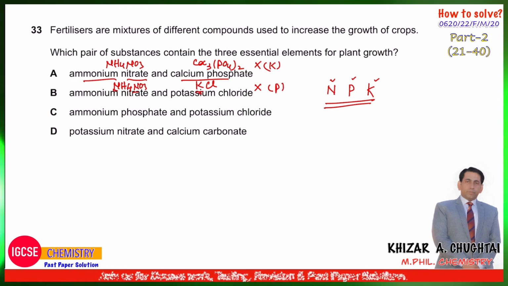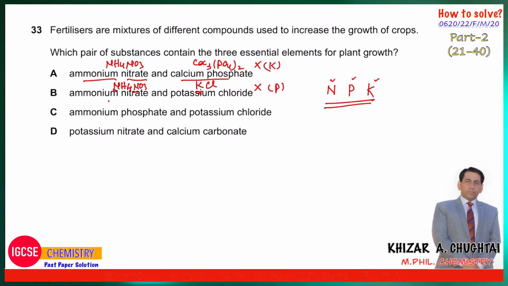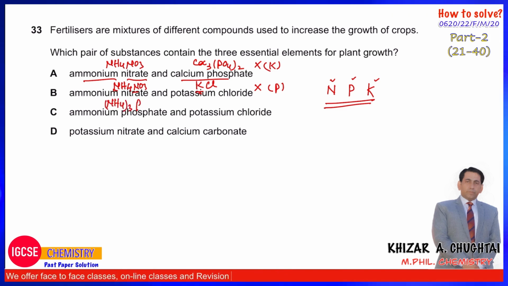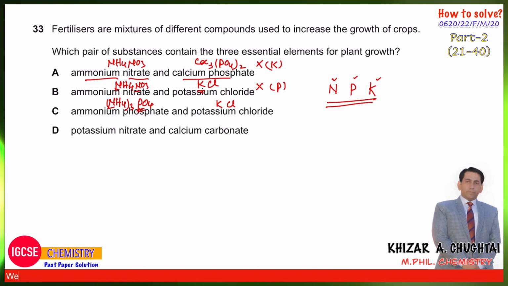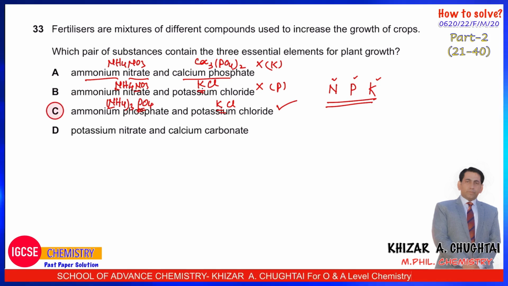Third one, ammonium phosphate, (NH4)3PO4, and KCl. So nitrogen, phosphorus, and potassium all are present. So C may be the correct option.